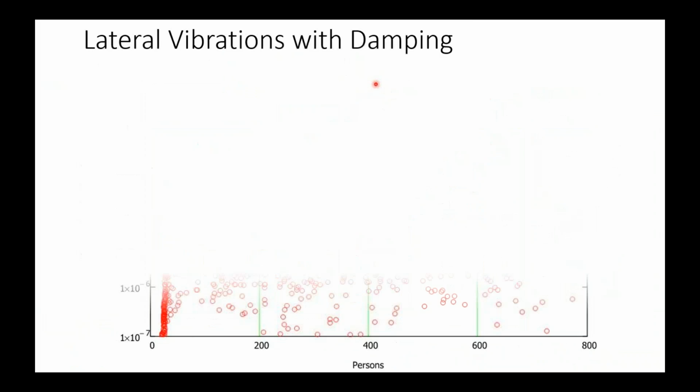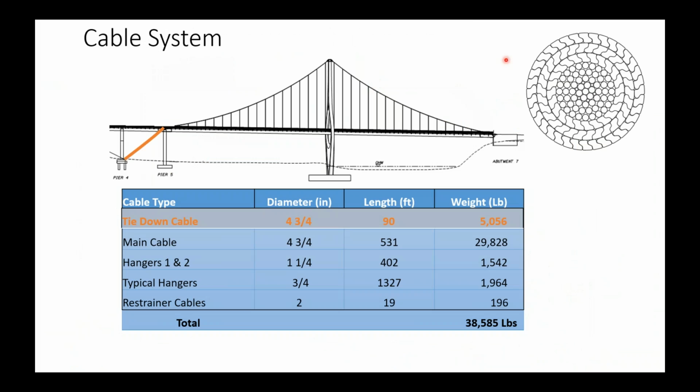It is this locked coil system, and so this has to be prefabricated in a shop, and it's actually cut to length. These are what's known as fixed length cables, so it's very different than a highway bridge system where you typically have parallel wire strand for both the main cable and for the hangers.